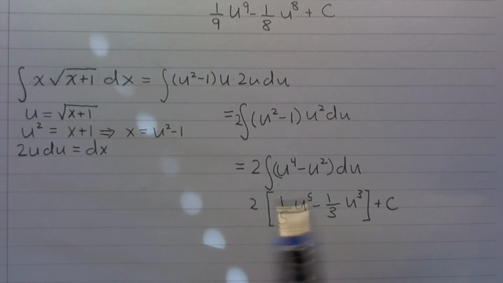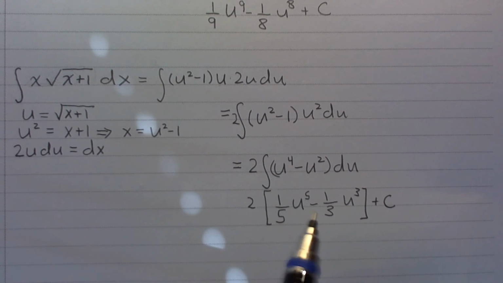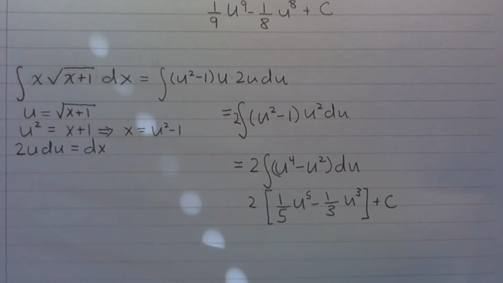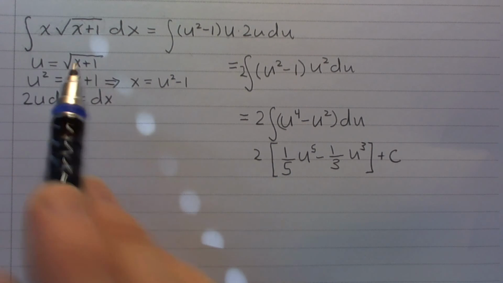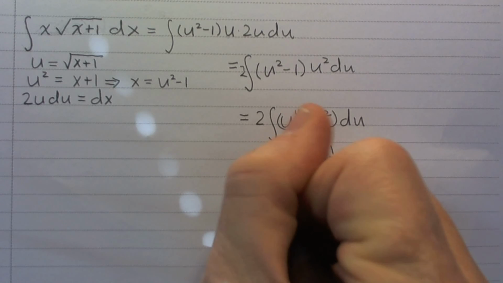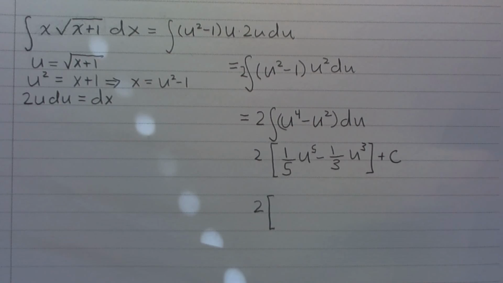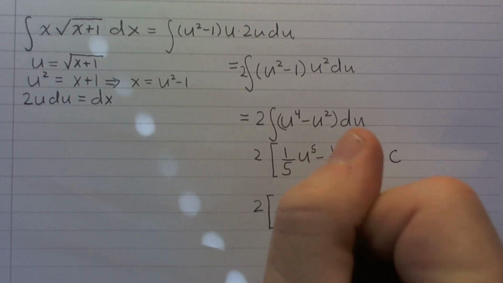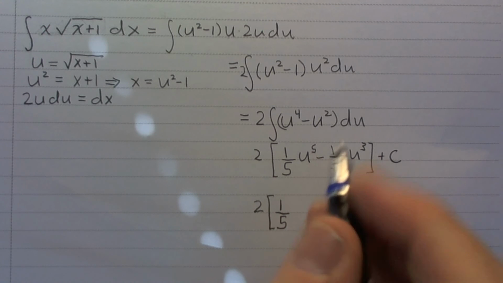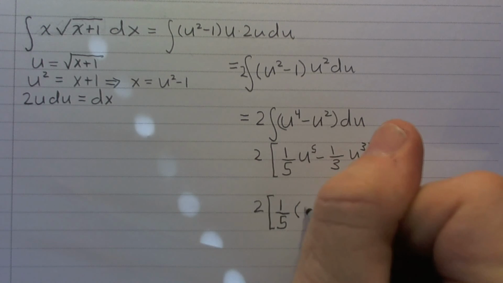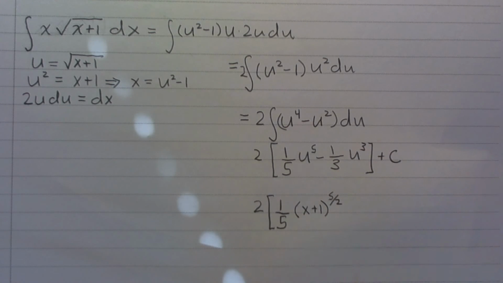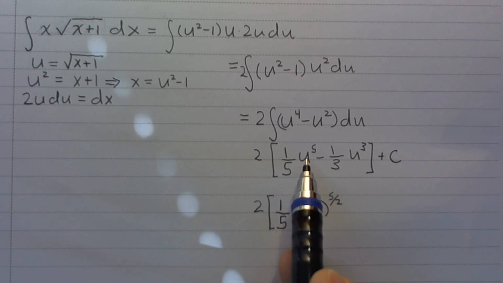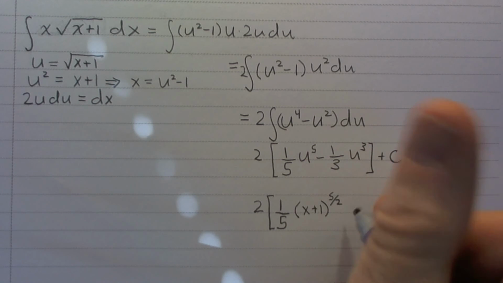So we found the antiderivative. Now, of course, you can substitute back in. And if you substitute back in, remember u is the square root of x plus 1. So this is going to be 2 times 1/5, and now instead of u to the 5th, we have x plus 1 to the 5/2, because I'm replacing u with x plus 1 to the 1/2.